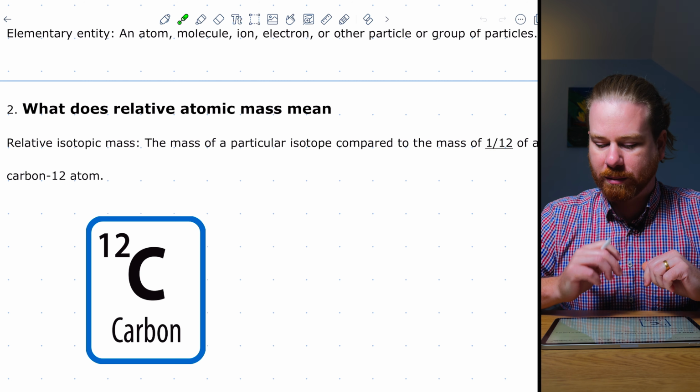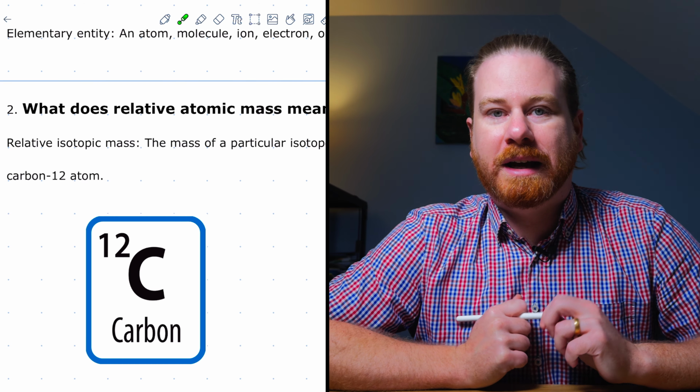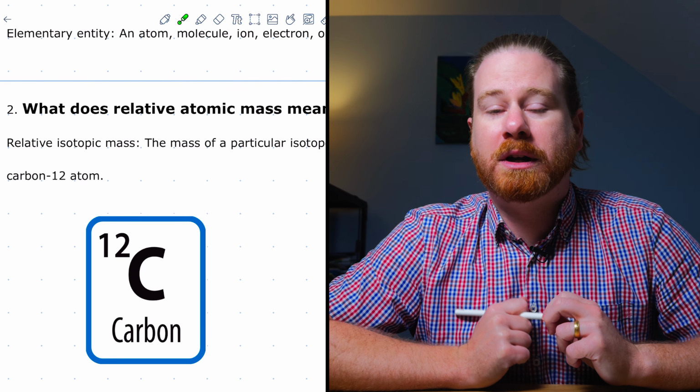And the definition is specific in stating isotopes and not an atom, as the masses of atoms is the average of all their isotopes.